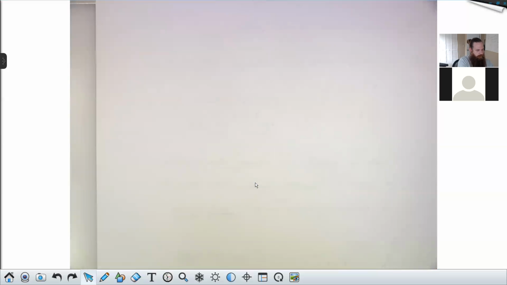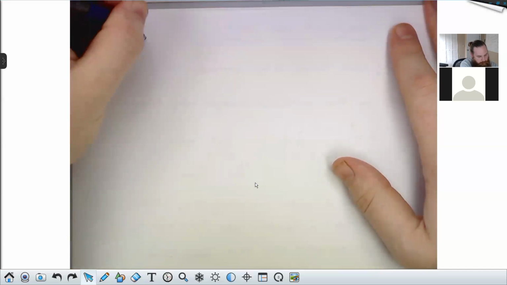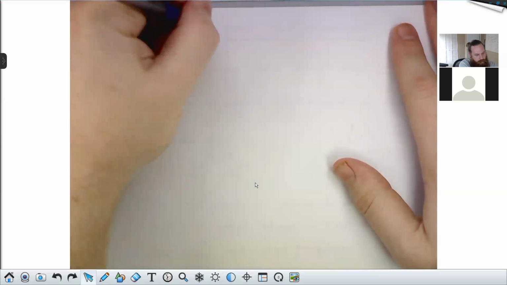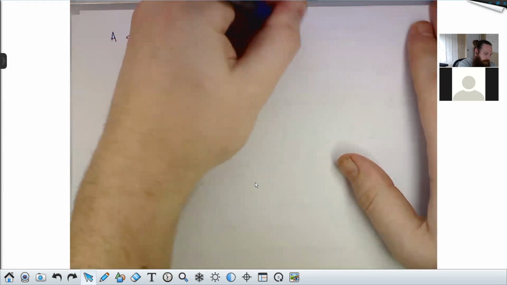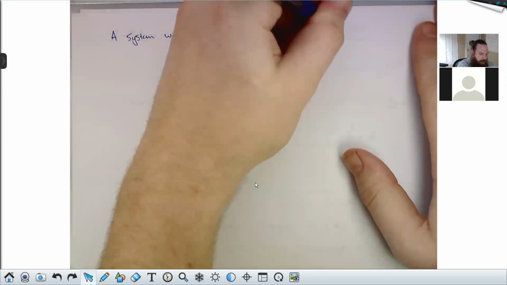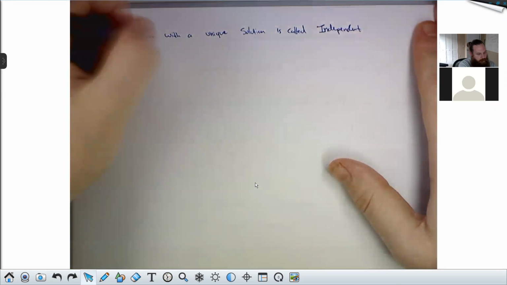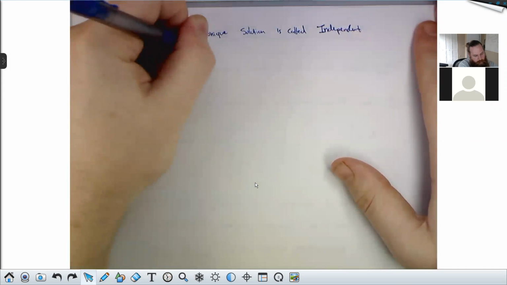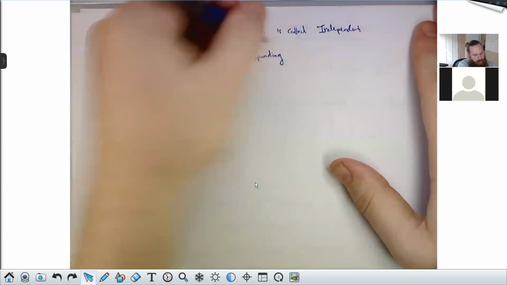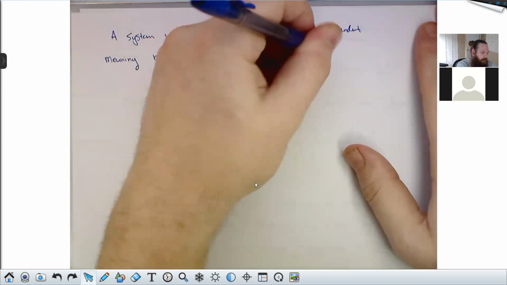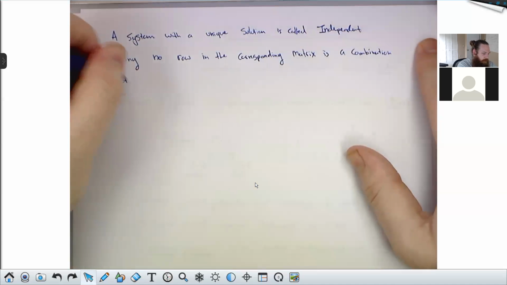Independent systems. A system with a unique solution is called independent, meaning no row in the corresponding matrix is a combination of other rows.